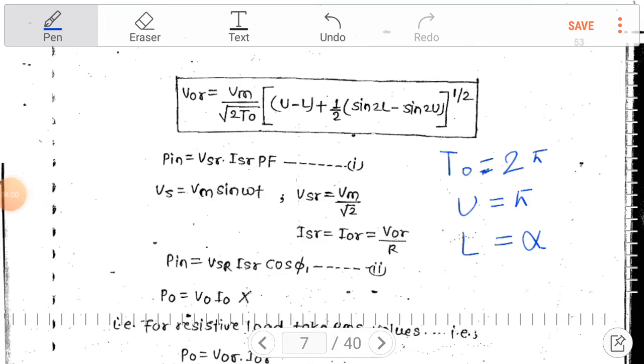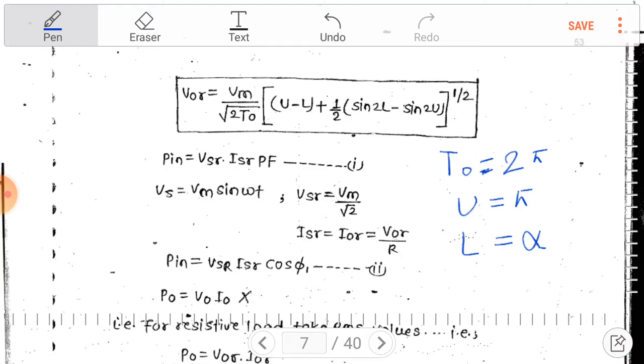Output RMS in generalized terms we can also write as V output RMS equals Vm, the peak value, divided by root 2 times the time period, whole under root of (upper limit minus lower limit plus half of (sin 2 lower limit minus sin 2 upper limit)).